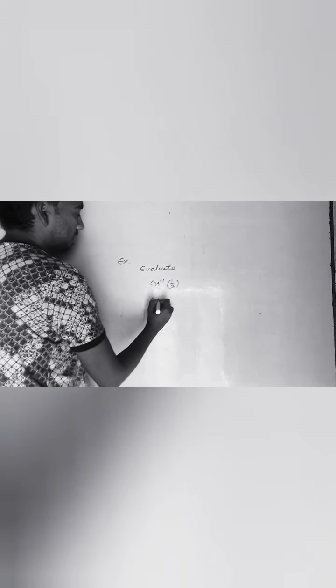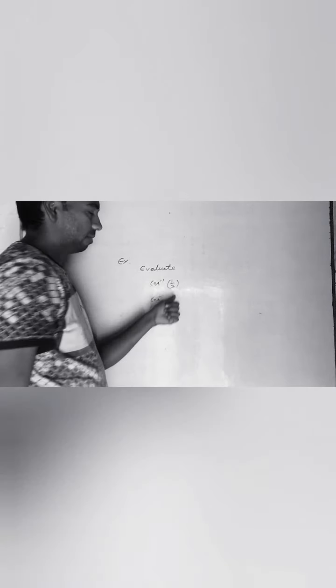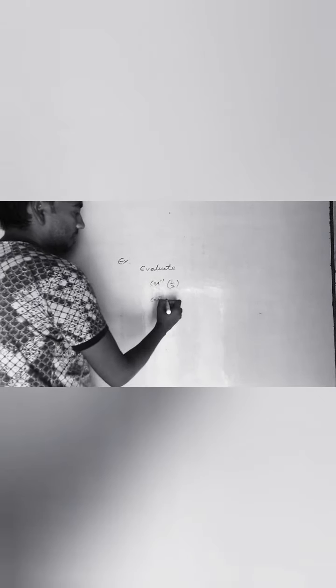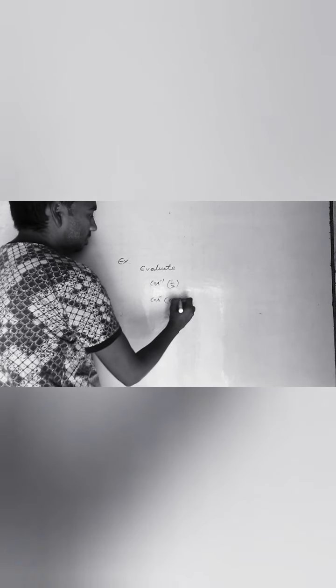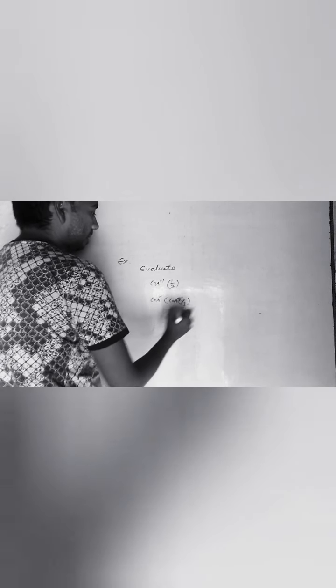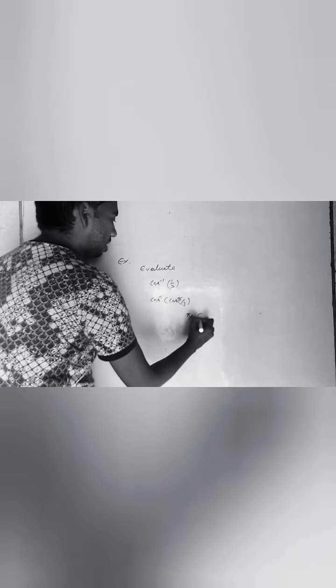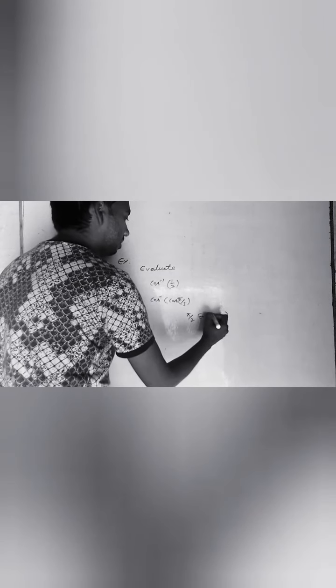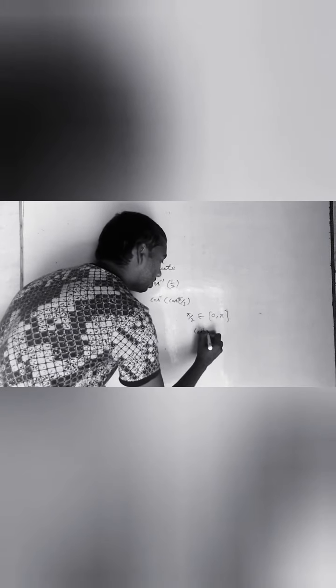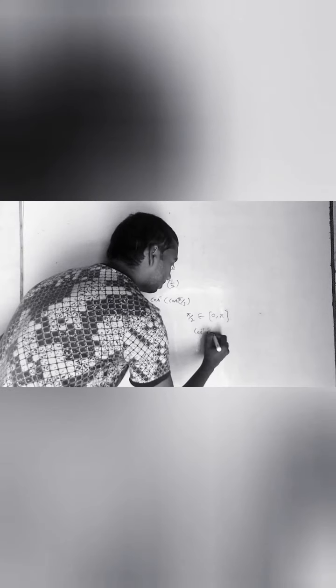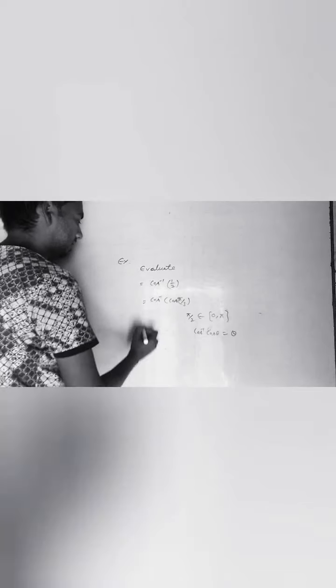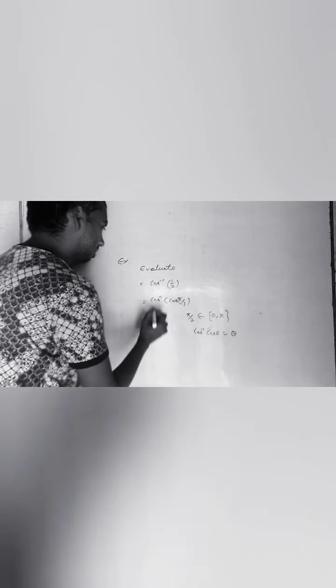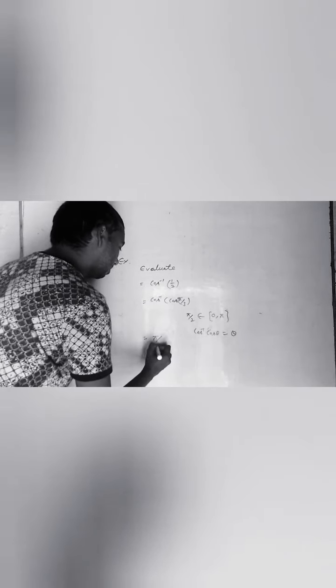So cos inverse, we know that 1 by 2 in terms of cos value is pi by 3, cos pi by 3, and this pi by 3 belongs to the 0 to pi interval. कॉस की रेंज क्या होती है, 0 टू पाई, तब यहाँ पे फॉर्मूला यूज हो जाएगा, cos inverse cos theta is theta. So this is pi by 3.